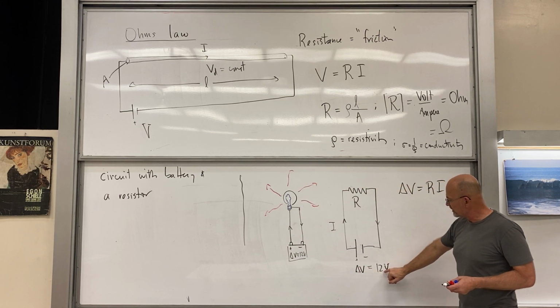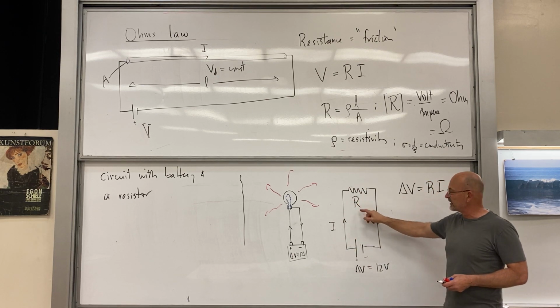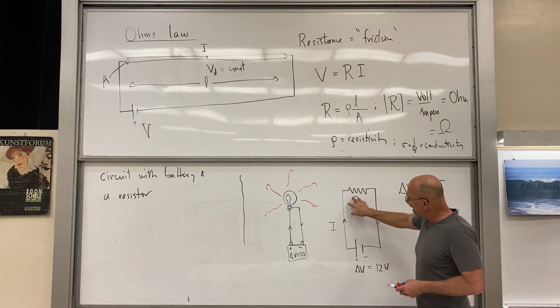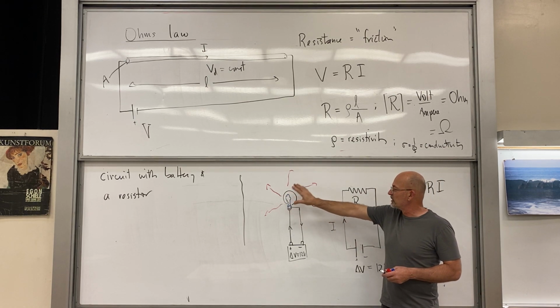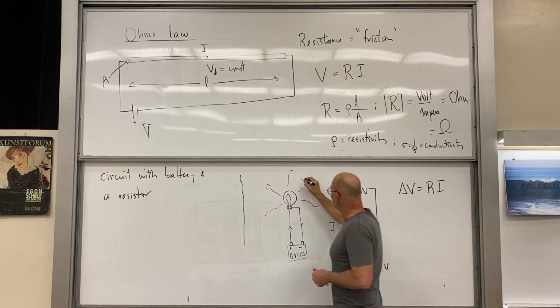So yeah, there's the labeling. Delta V is so and so many volts. You got a current flowing from plus to minus. You've got the resistance R. And the example of that light bulb is a good one because we know these light bulbs give off heat. It's an incandescent bulb. Put that as a note here.